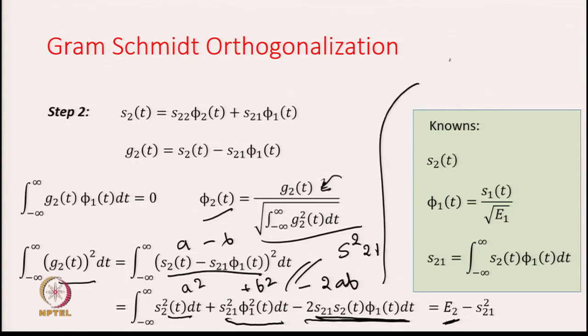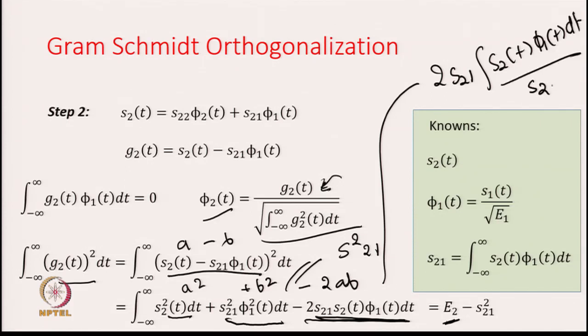So, let me work this out here. So, this is 2 s 2 1 times the integral of s 2 t phi 1 t dt, and you know that this is s 2 1 by definition. So, this will turn out to be minus 2 s squared 2 1.